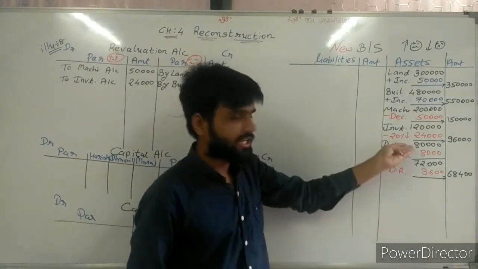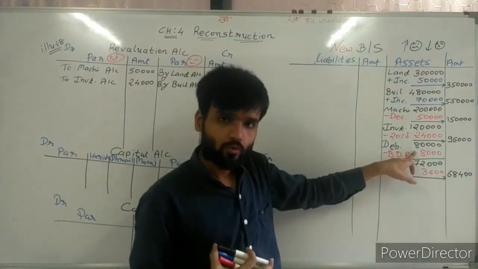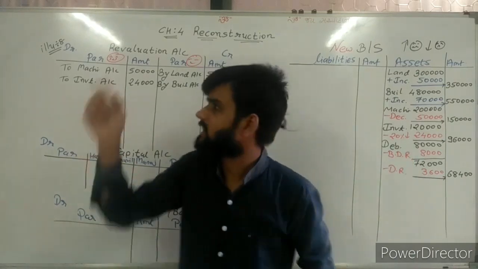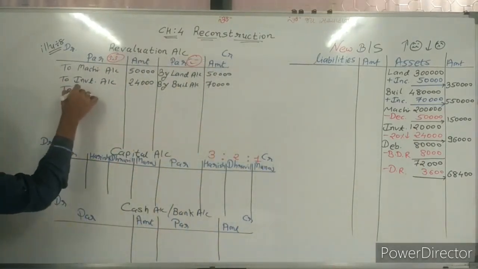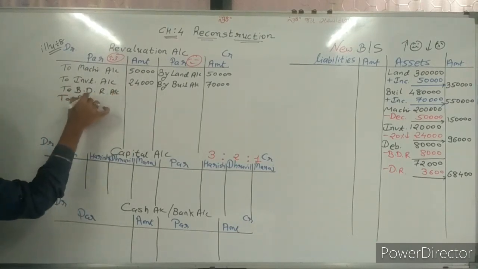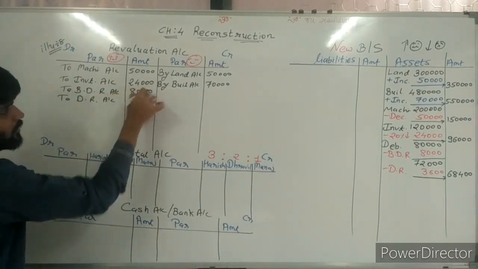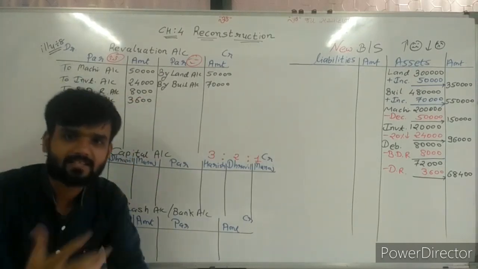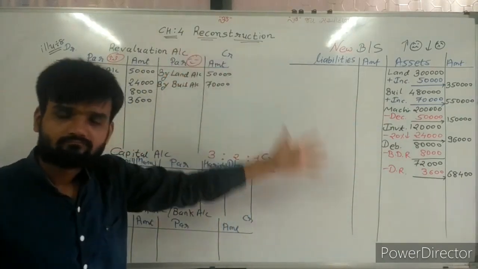Now think again: debtors means my asset, and now it is decreased because of bad debt reserve 8,000 and discount reserve 3,600. Decrease means debited. So here we write: To bad debt reserve account, to discount reserve account, amounts 8,000 and 3,600 rupees. Deducted means debited.